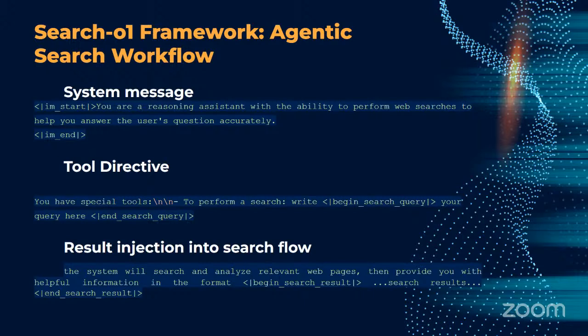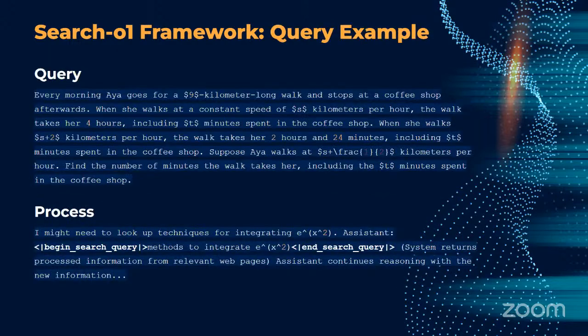Then when we get the results from those queries, we also inject them into the search results. The system handles all this: picking up the search query and doing the web search. Then it brings the refined results into the model. In this way, the model can continue its reasoning flow with less uncertainty.